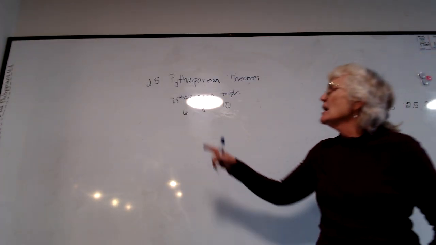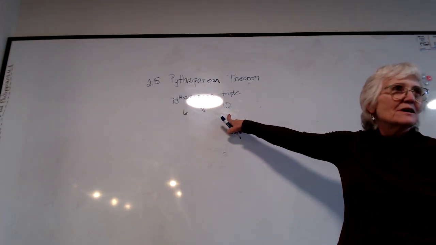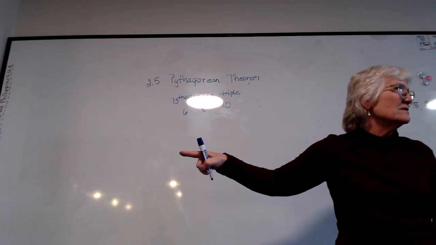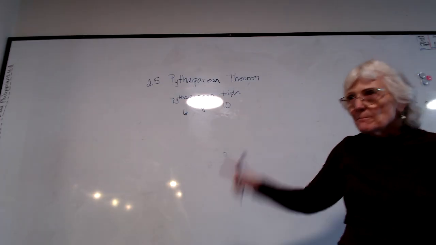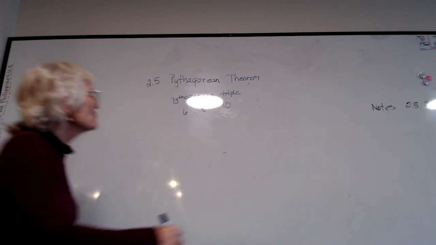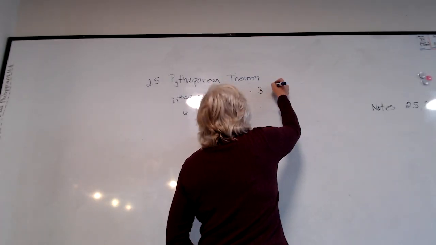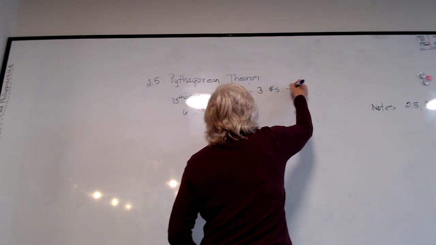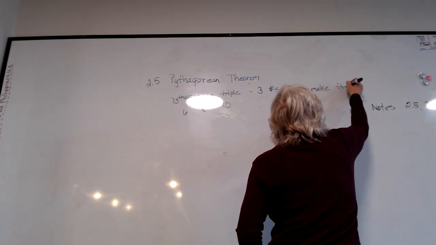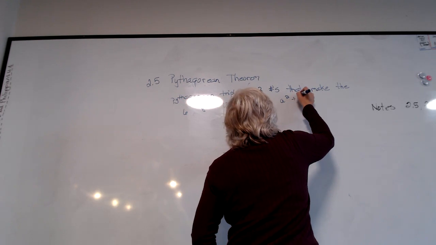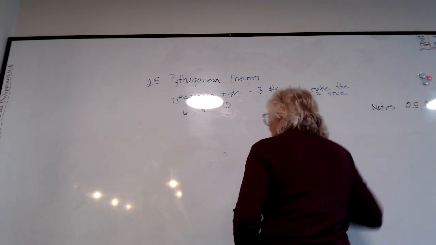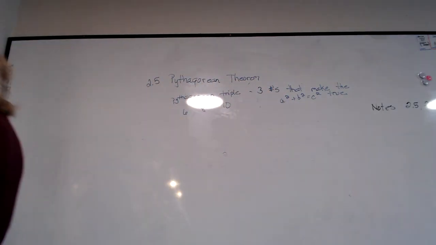Again, the hypotenuse is always going to be our largest one. So a Pythagorean triple is 3 numbers that make a squared plus b squared equals c squared true.